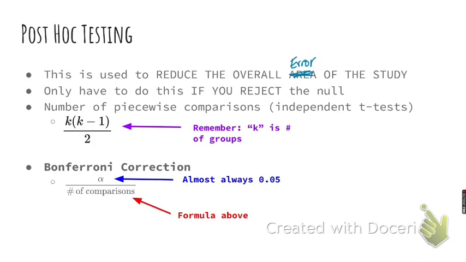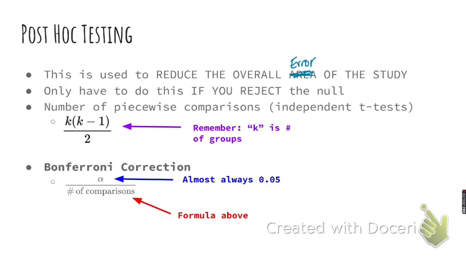The Bonferroni correction is a different type. If they ask for this, 0.05 is always our alpha, unless they specifically tell you otherwise. And then the number of comparisons is what we previously found using the K minus 1 thing.